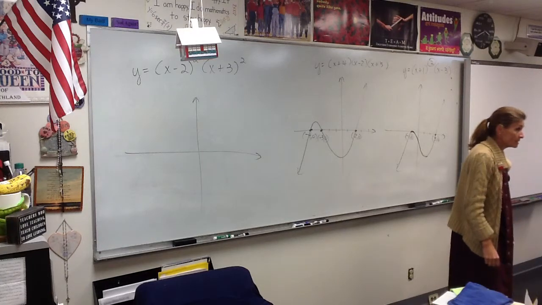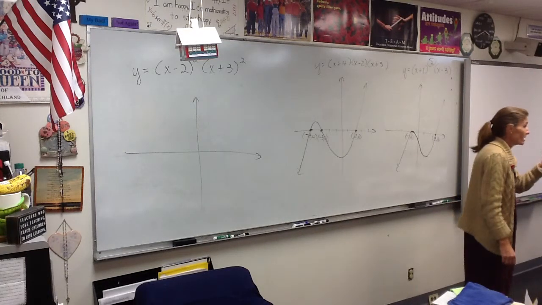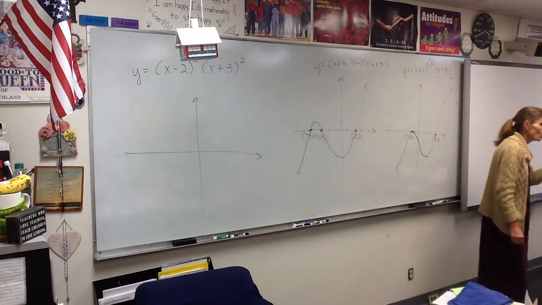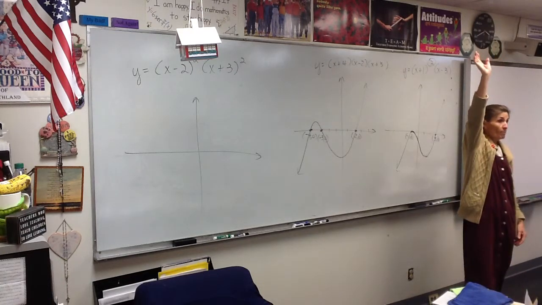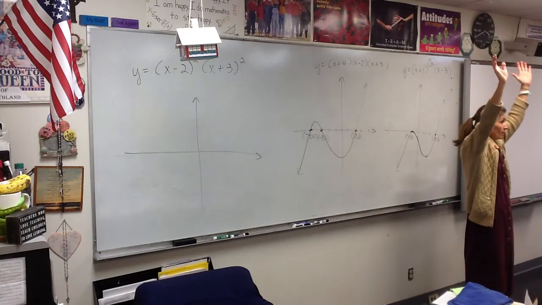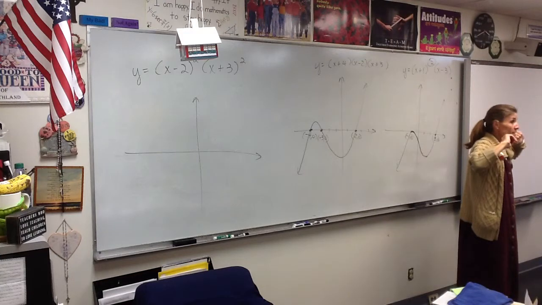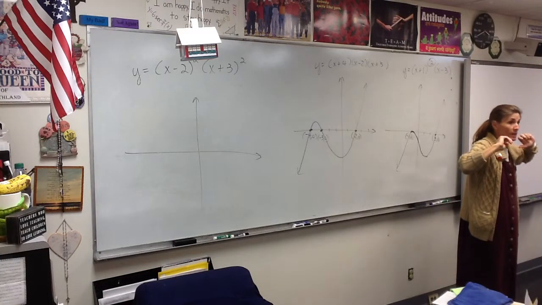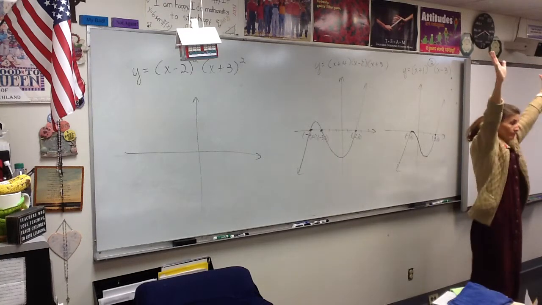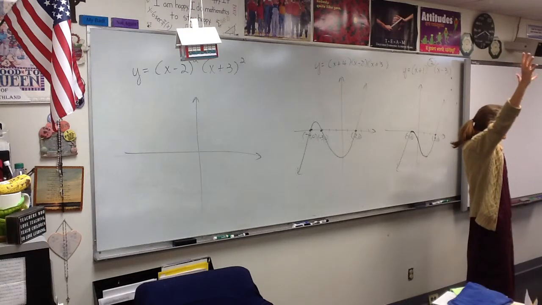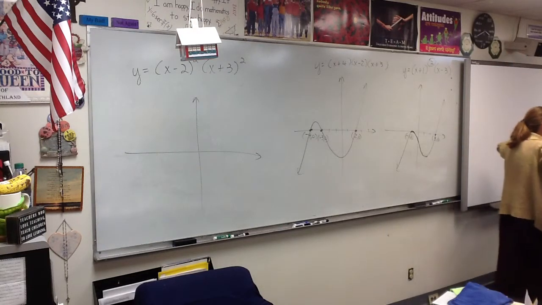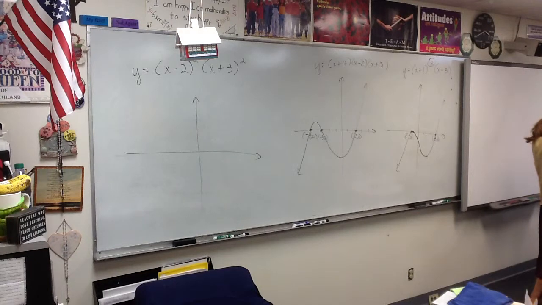Even degrees, x to the fourth, x to the sixth, x squared, start up, end up. Think about y equals x squared. What shape is y equals x squared? Parabola. So if you're even, you're starting up, ending up.